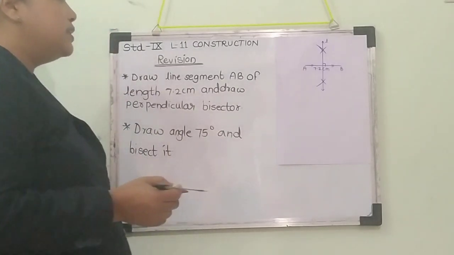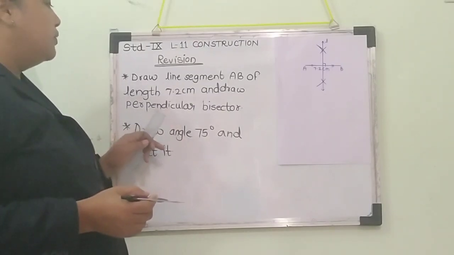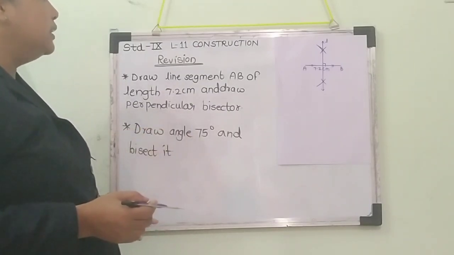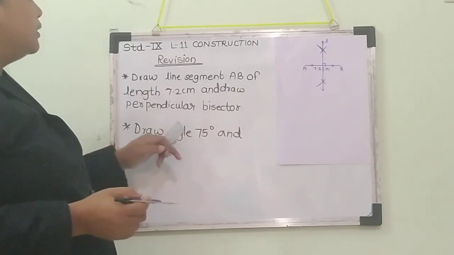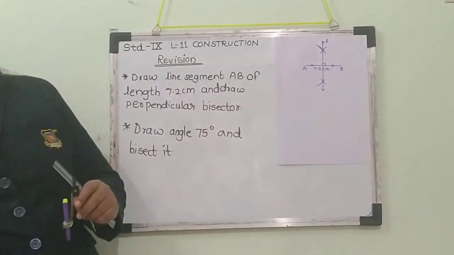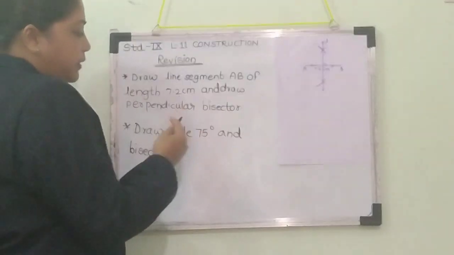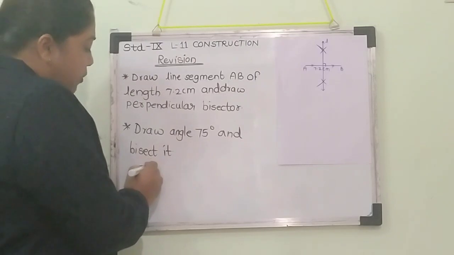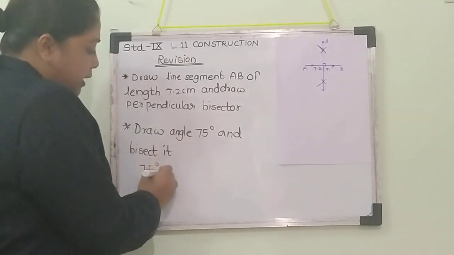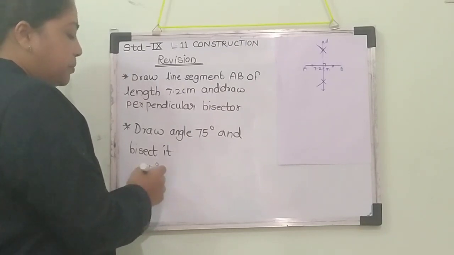Now see, second, we do the construction of an angle by using the compass, and we bisect the angle. For that, first, how do we draw 75 degrees? We know that 75 is a multiple of 15.